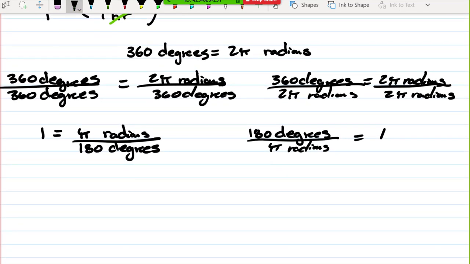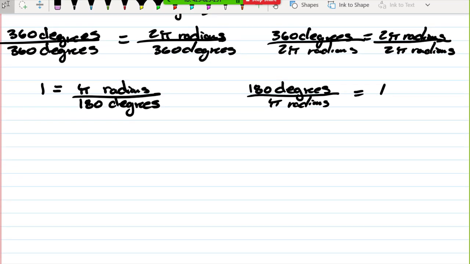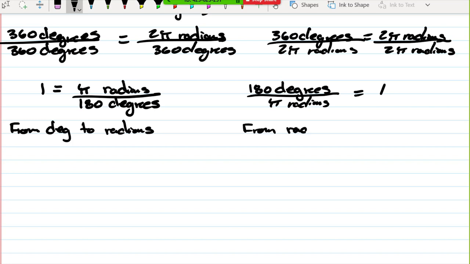So in this first unit fraction, 1 equals pi radians over 180 degrees, that would convert from degrees to radians. And this second one would convert from radians to degrees.